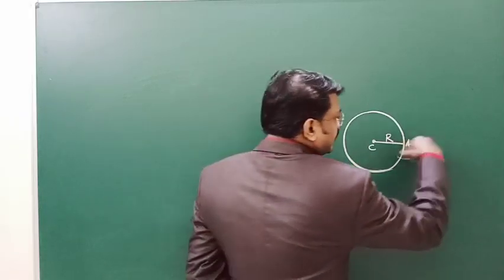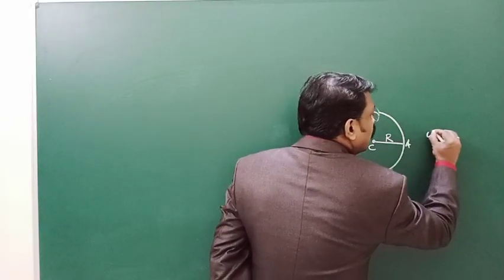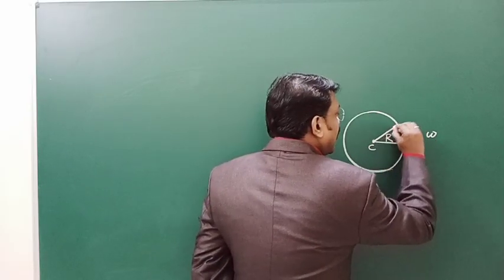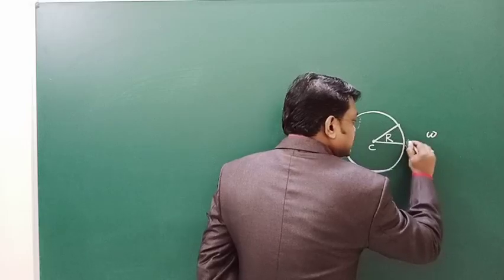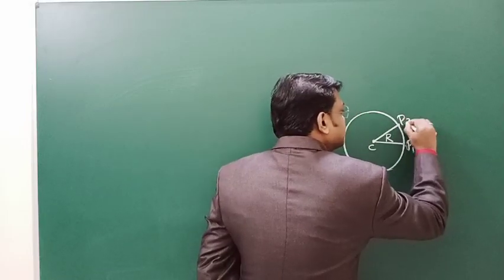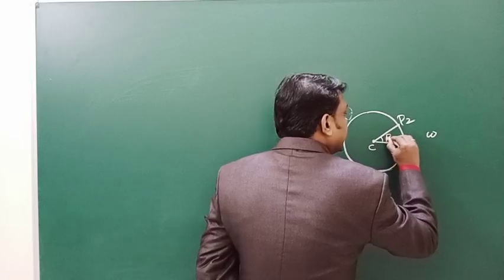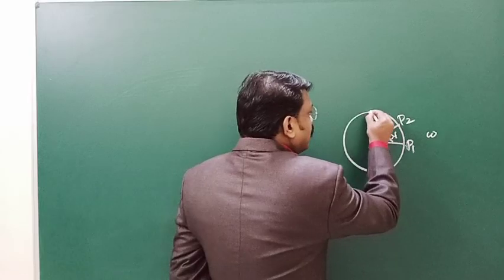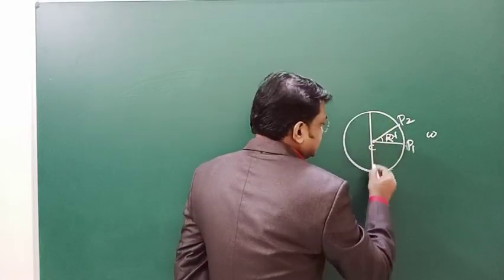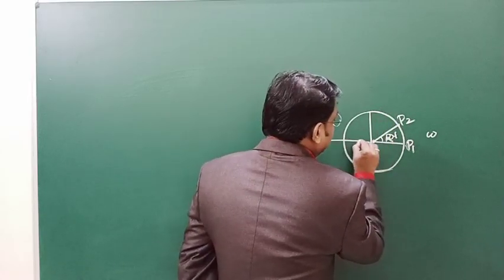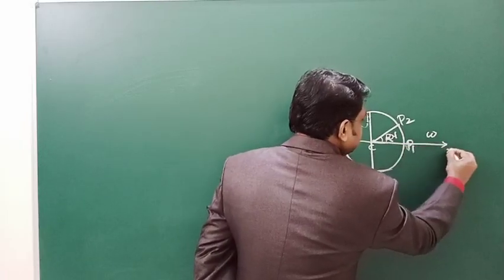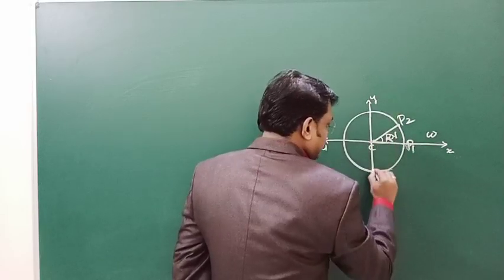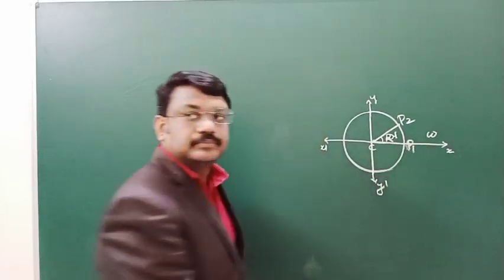Suppose it is rotating with an angular velocity omega. After a time t, suppose this is taken as P1, the particle is at P2, making an angle theta equal to omega t. So you can have our x-axis and y-axis, and the coordinate origin will be at the center. This is the x dash axis, and this is your y dash axis.